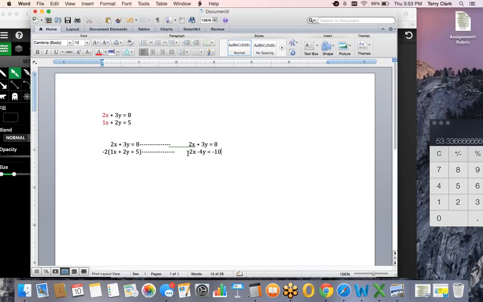Now these two equations can get added together. So we're going to underline it. Then positive 2x and negative 2x are going to cancel out. Then negative 4 and positive 3 will give me a negative y.